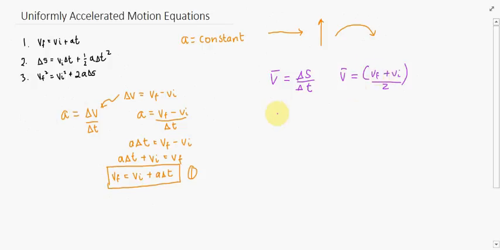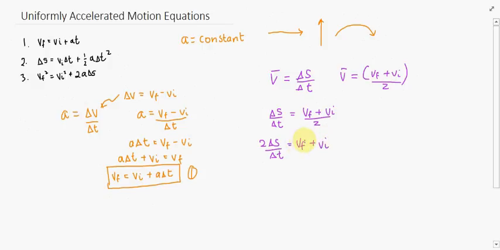I can make these two equal to each other. So I can say that this change in distance over change in time is equal to this final velocity plus initial velocity over 2. Then I'll multiply both sides by 2, so I get 2 times change in displacement over change in time is equal to final velocity plus initial velocity.